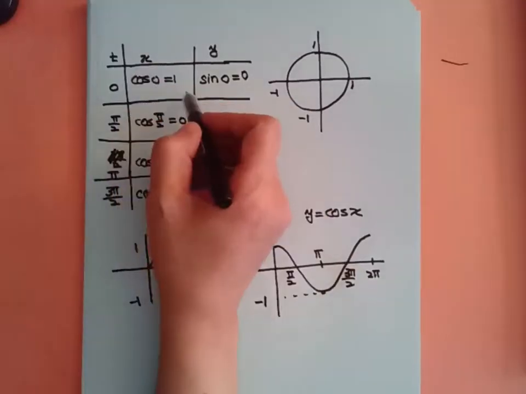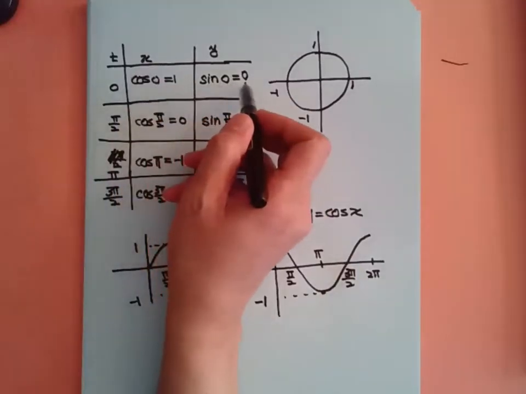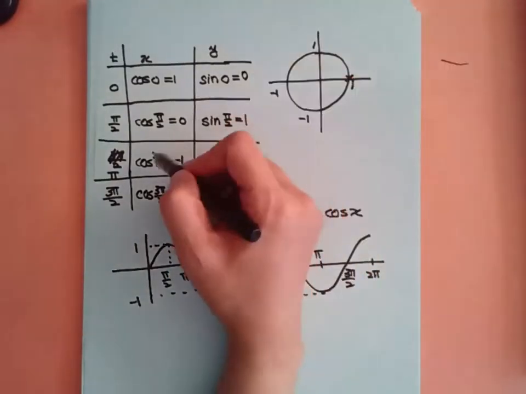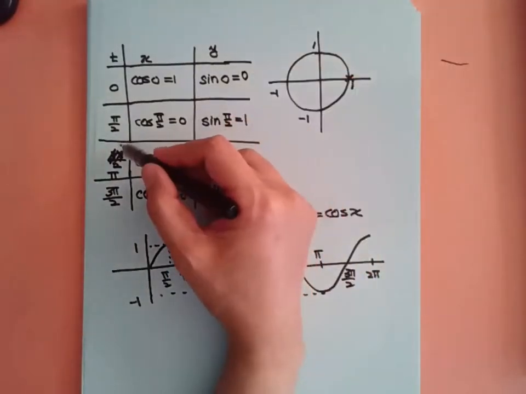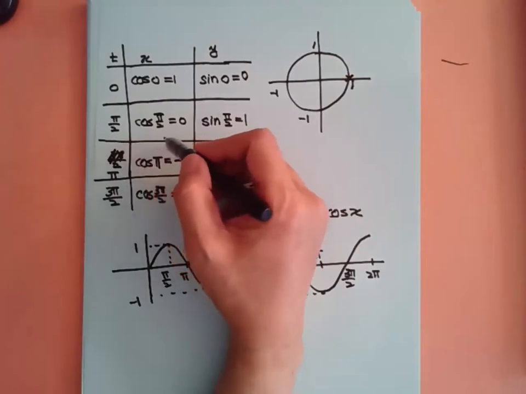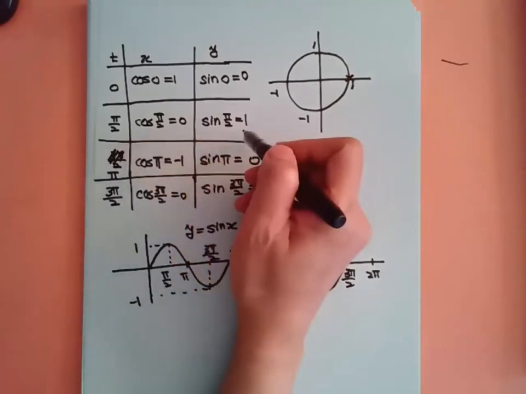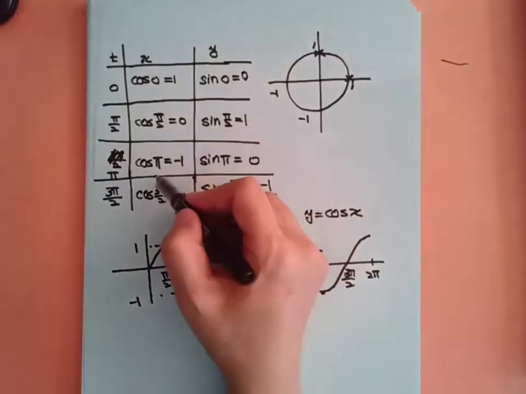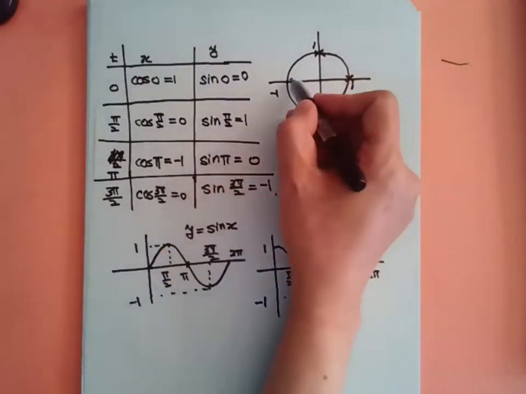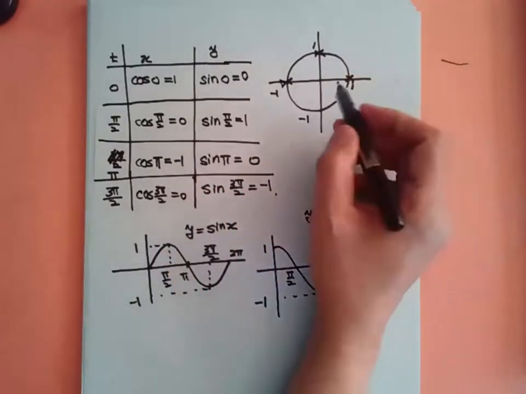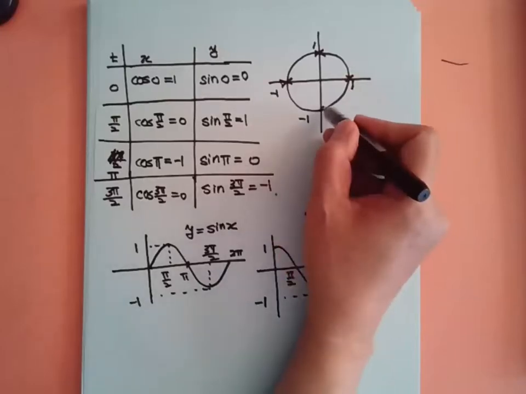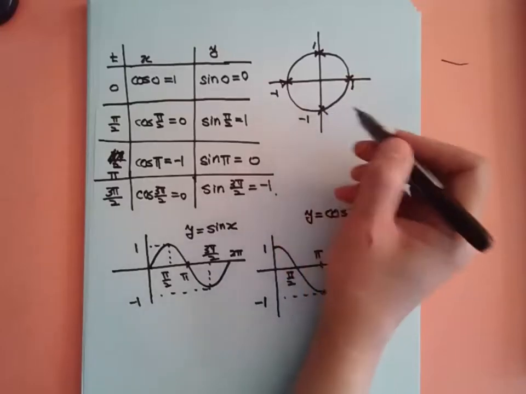So x value is 1, y value equals 0. So it starts here. And then when the angle is pi over 2, cosine of pi over 2 is 0 and sine is 1. So it goes here. And then x value is -1, y value equals 0. And then it goes to 0 and -1. So this point.